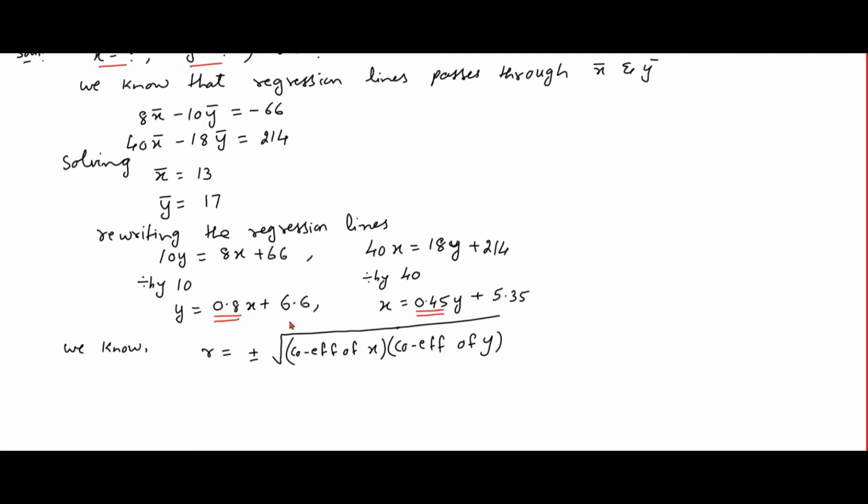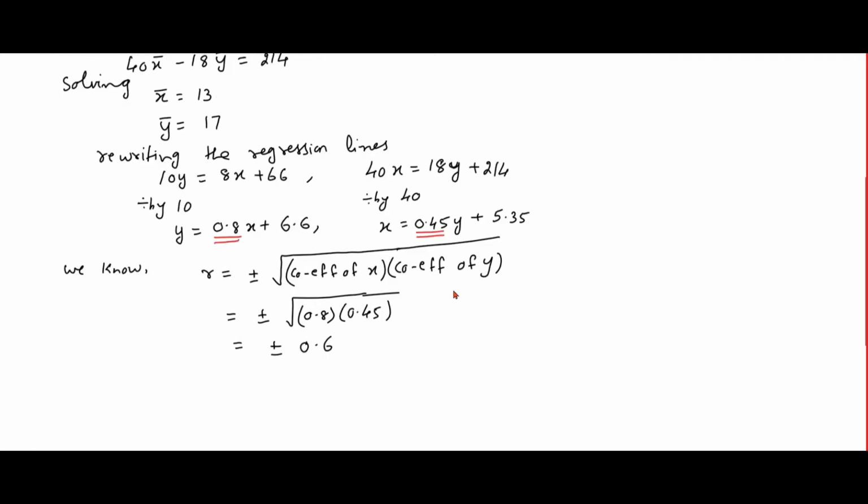So I'll just plug in these two values here. I'll be getting the value of r equals plus or minus square root of 0.8 into 0.45, which will be equals to plus or minus square root of 0.8 into 0.45, its value will be 0.6.